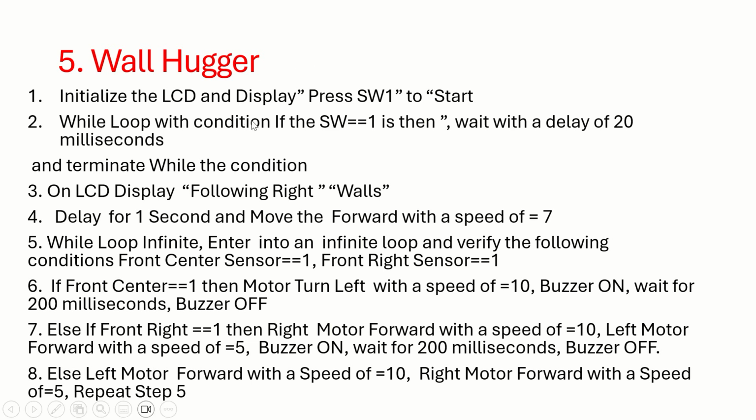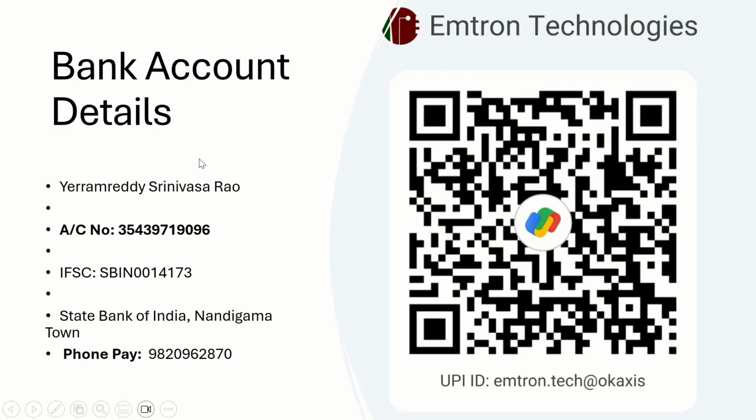Then enter into a while loop with a condition looking for switch 1 to be pressed. If the switch is pressed, wait for around 20 milliseconds and go to the next step. That means unless the switch is pressed, the next instruction won't be executed. It is continuously waiting for the switch to be pressed. That completes the while condition.